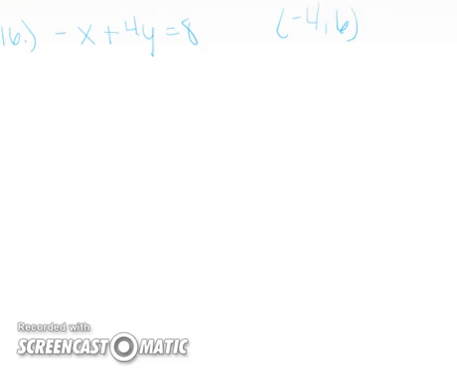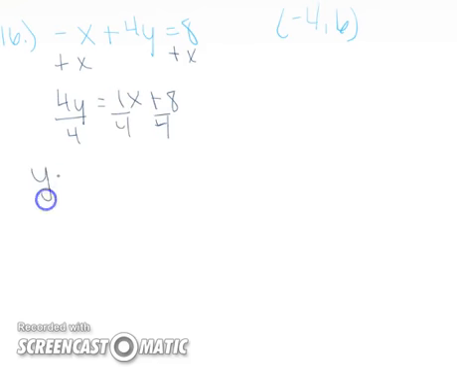So first thing we got to do is actually solve this equation for our slope. So we're going to add the x over. We got to solve for y. You get 4y equals 1x plus 8. Divide by 4. And we get y equals 1/4 x plus 2.